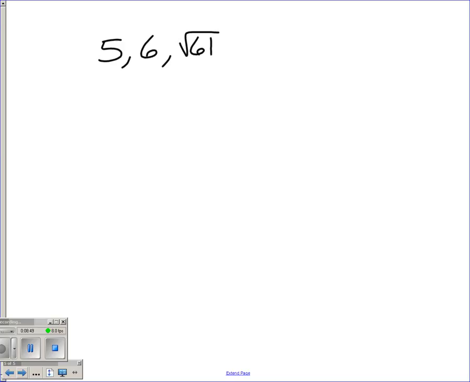So the square root of 36 is equal to 6. The square root of 25 is equal to 5, and this is the square root of 61.